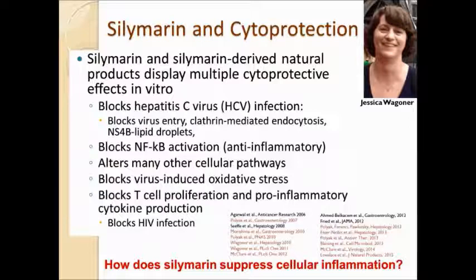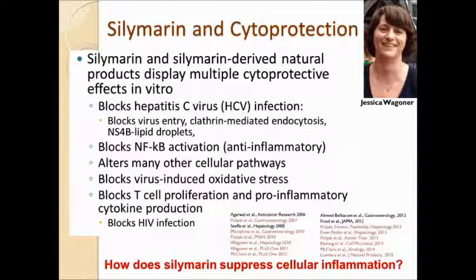And a lot of this data here in red are the papers from my lab and the labs of my collaborators. And Jessica Wagner has had an instrumental role in helping us generate all this information.